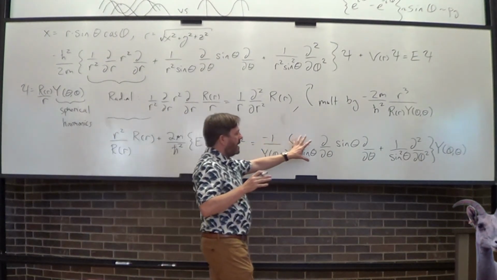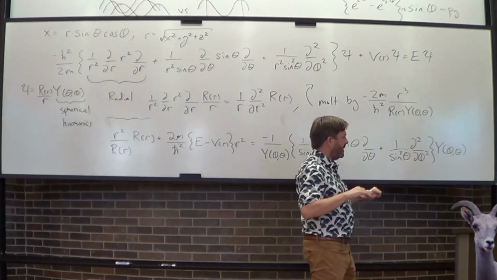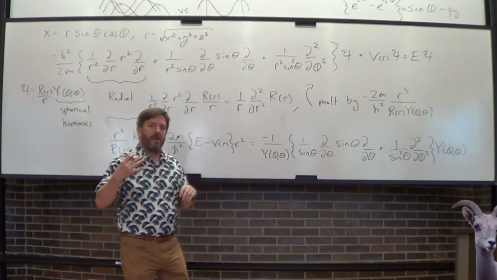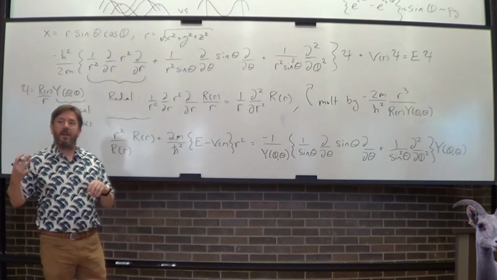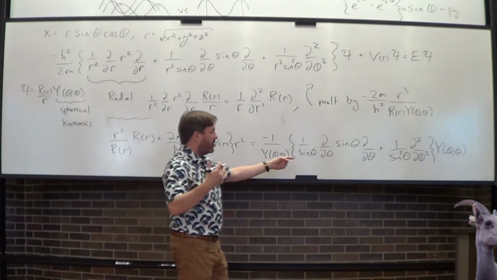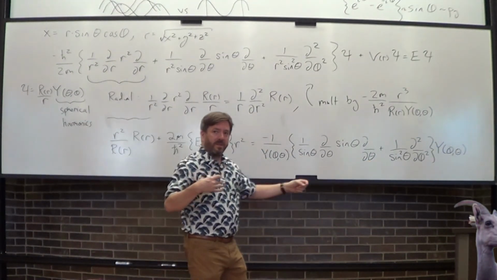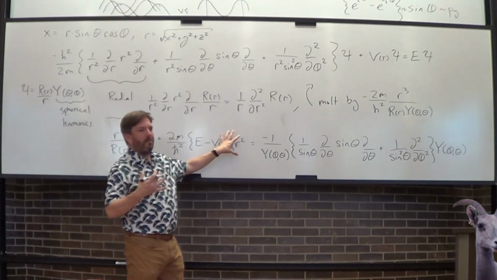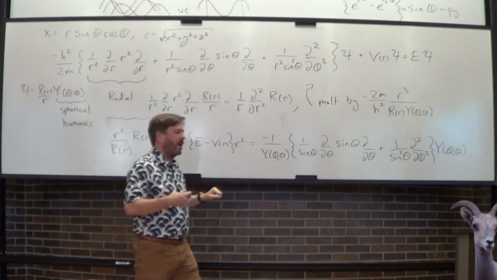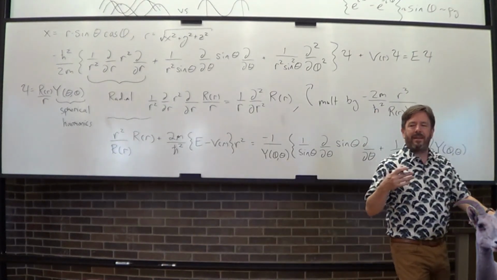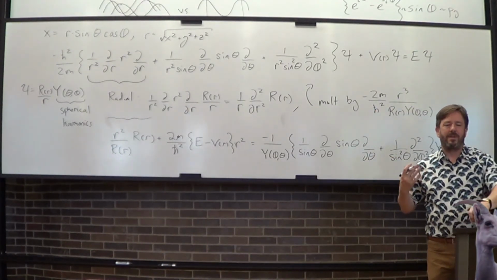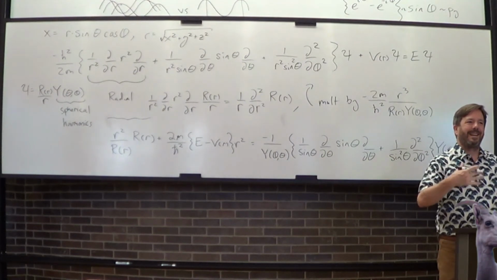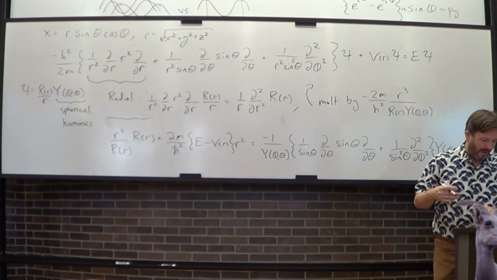The constant that you arbitrarily set this equal to may sound familiar: L times L plus 1, where L is a quantum number that describes the solutions. So all of this has got to be equal to minus L times L plus 1. Again, I'm hoping that sounds familiar. You recall L times L plus 1 is like the angular energy part, right?